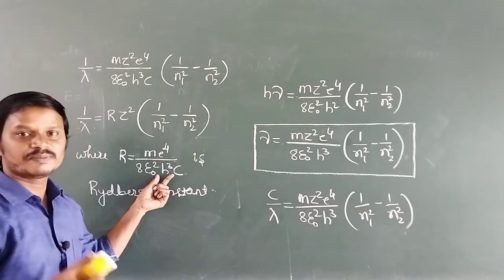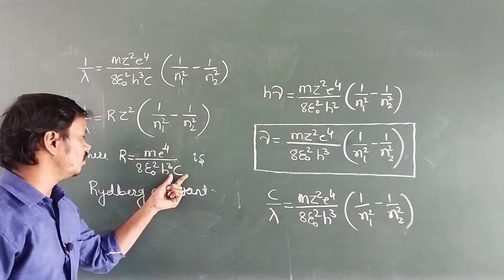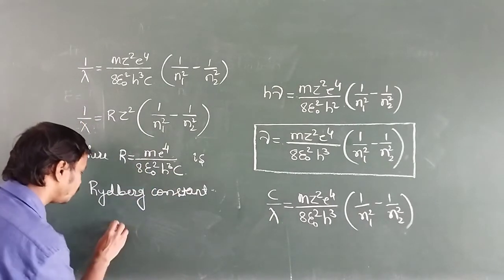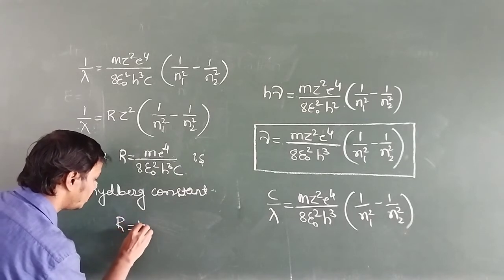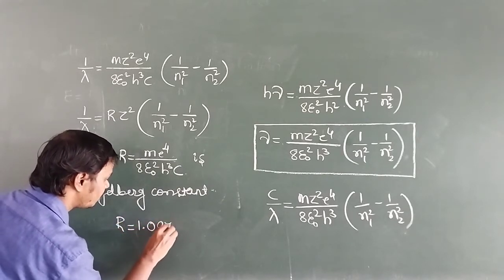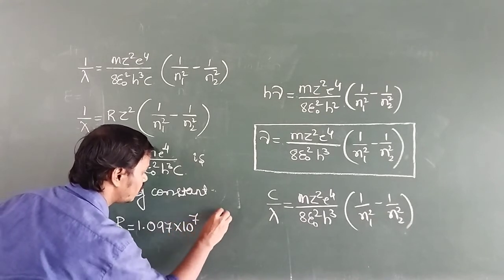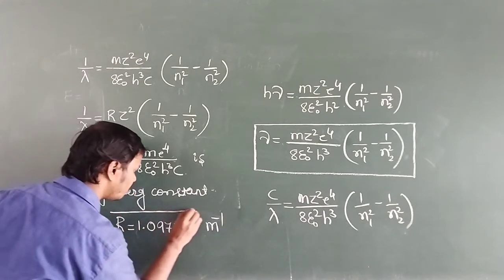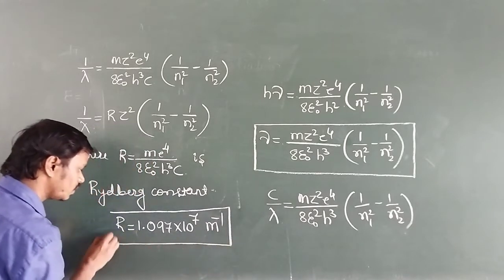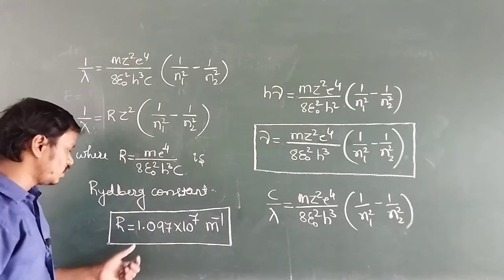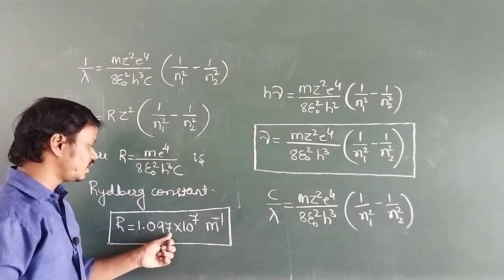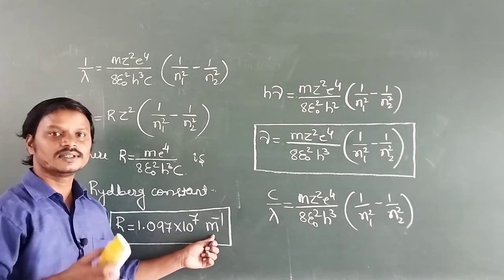Then h is Planck's constant and c is the speed of light, and we will get about 1.097 into 10 to the power of 7 per meter. What is the value of Rydberg constant? That is 1.097 into 10 to the power of 7 per meter.